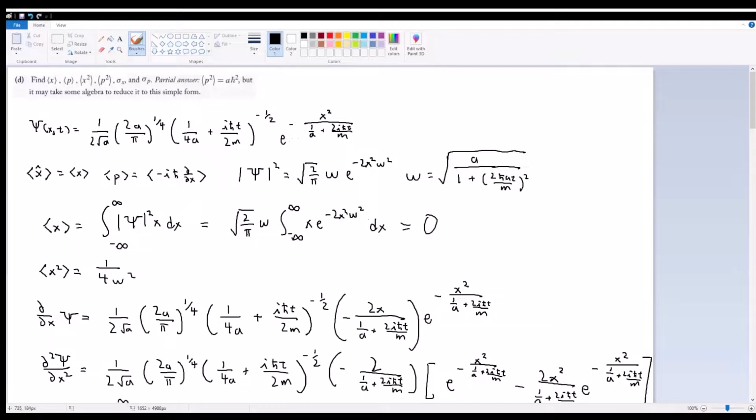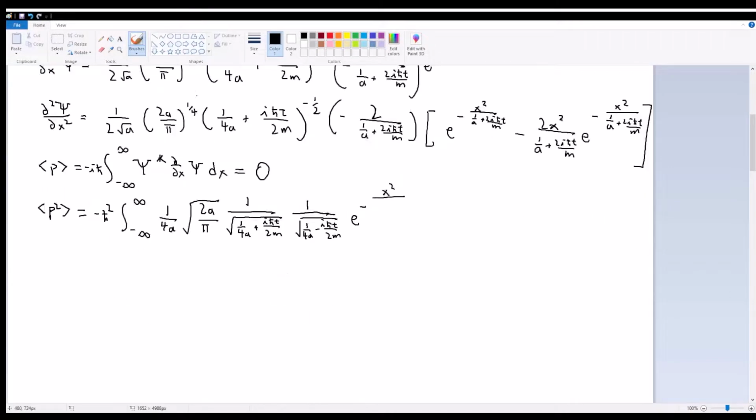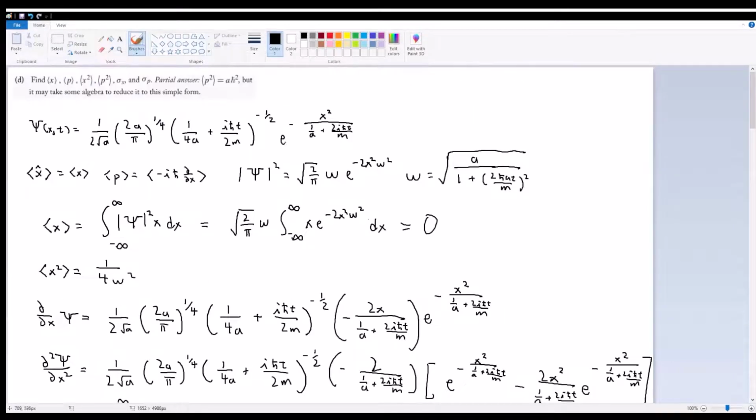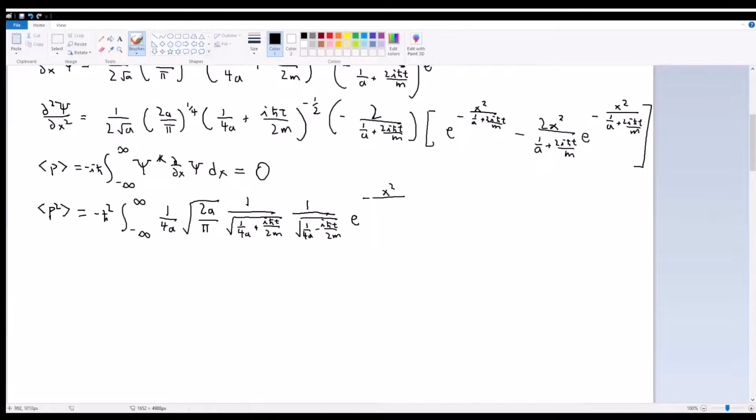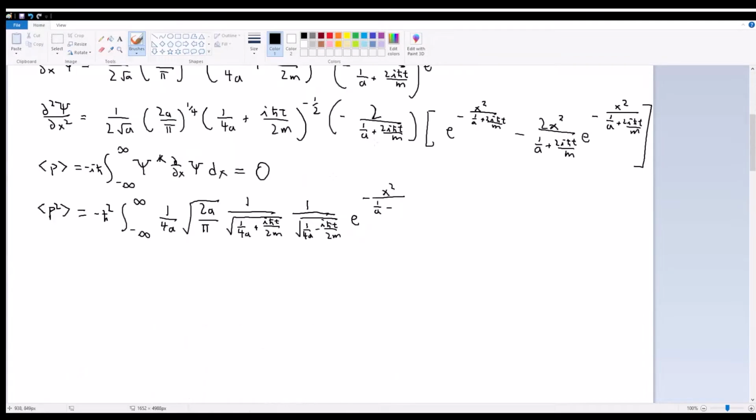So this is going to be e to the negative x squared over, and this negative is not in a very good place, so let's rewrite that real quick. Okay, so we want psi star first at the left. So this is going to be 1 over a minus 2i h bar t over m.